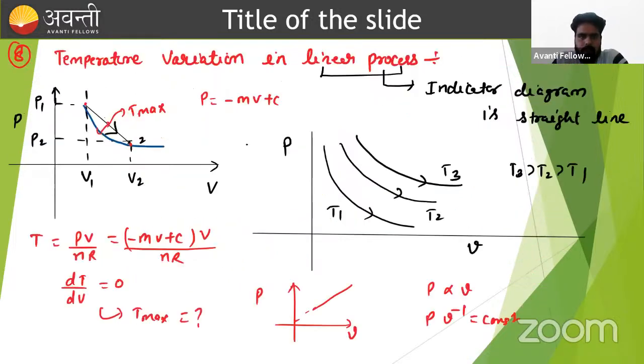Okay. This is again a very important concept, the temperature variation in a linear process. Suppose that this is an isothermal process. Let's consider a temperature, say 300 Kelvin. So we can say along this line the temperature is 300.